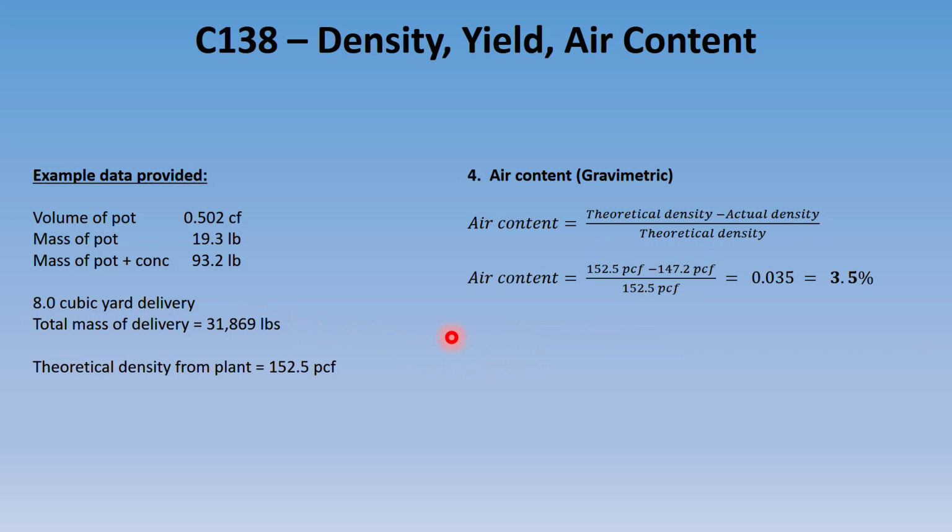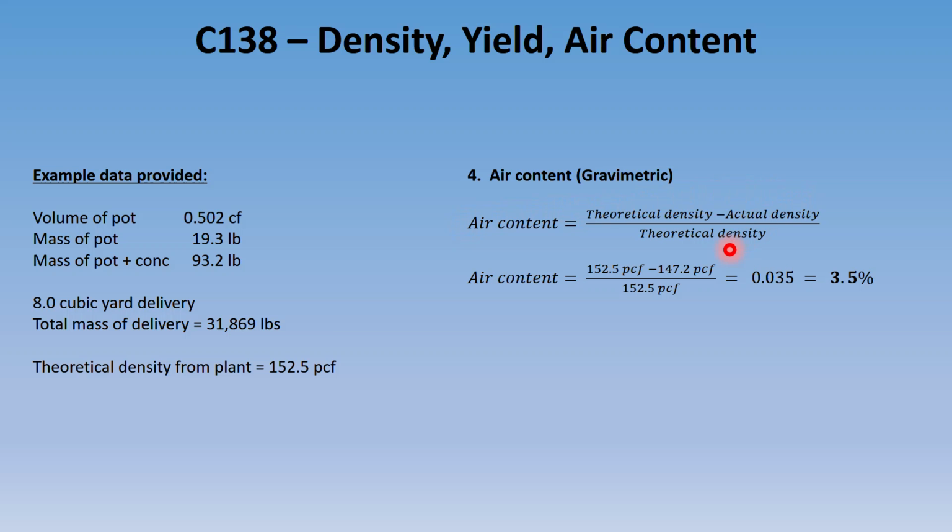Okay, and then last step, step 4, is determining air content by measurements here. And this is the gravimetric determination of air content. Our air content can be determined by the theoretical density of the concrete minus the actual density that we measured back there in step 1, divided by the theoretical density.